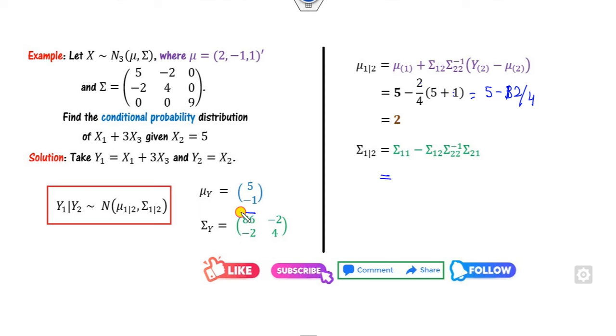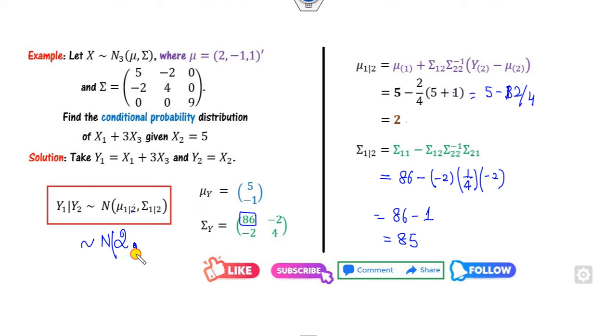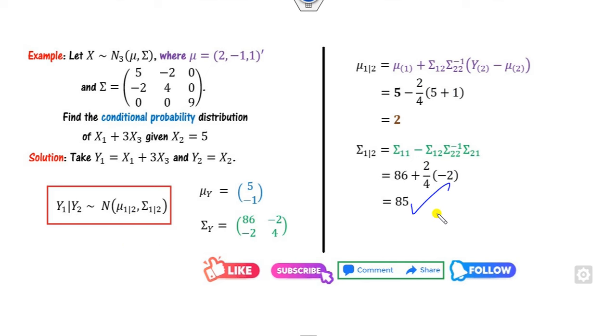Sigma 1 1 is 86, sigma 1 2 is minus 2, the inverse of sigma 2 2 is 1 over 4, and sigma 2 1 is minus 2. So that comes to 86 minus 1, which is 85. Therefore this follows a normal distribution with mean 2 and variance 85. That is the right answer to this problem.